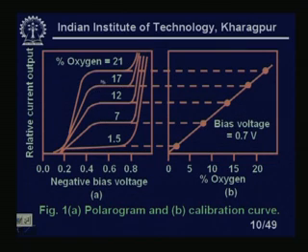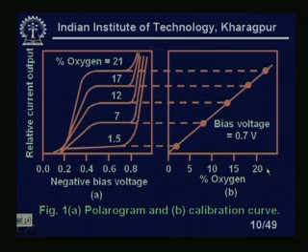You will find there is a saturation or plateau region. This is the percentage of oxygen, so the partial pressure of oxygen is increased, as you can see. So it is 1.5, as you increase the bias you get the saturation. For the concentration of oxygen at 7%, if you increase the bias, initially it will be linear, then it will get saturated like this one.